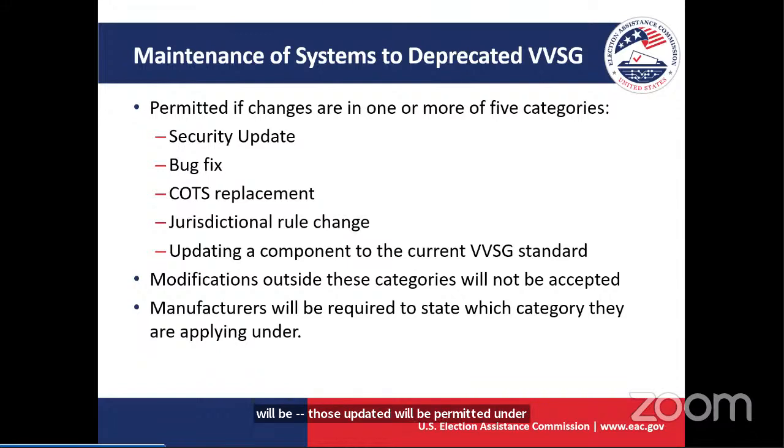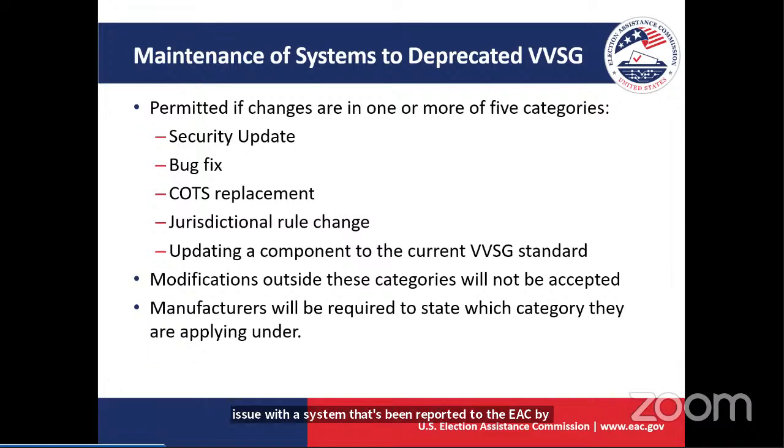These are security updates that would address a known vulnerability or exploit. They do come reasonably often. A bug fix would be to fix a known issue with the system that's been reported to the EAC by a manufacturer or by a jurisdiction.